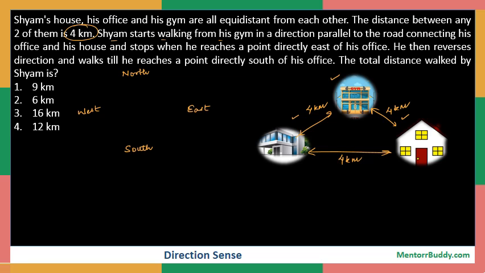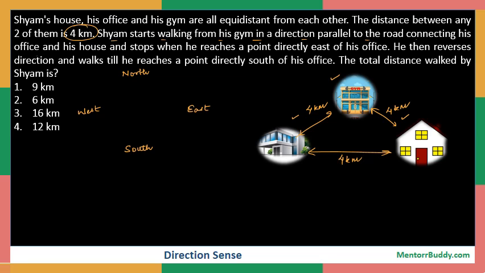Sham starts walking from his gym in a direction parallel to the road connecting his office and his house and stops when he reaches a point directly east of his office. He starts walking from his gym parallel to his office and his house and stops when he reaches a point directly east of his office.